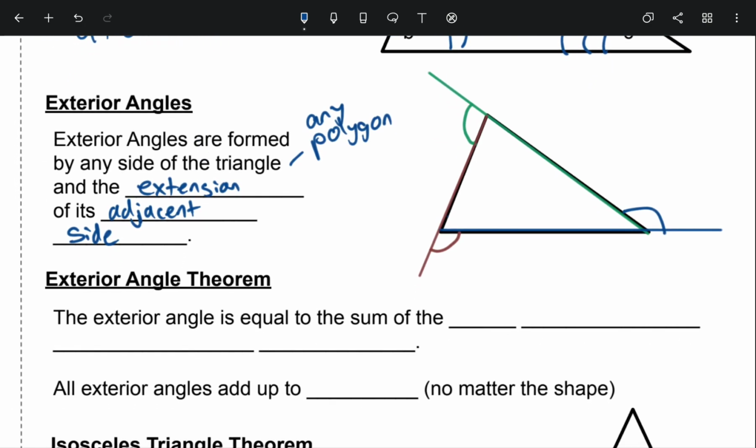Now we have two theorems to go with that. The exterior angle is equal to the sum of the opposite interior angles. And this is in case of a triangle specifically.